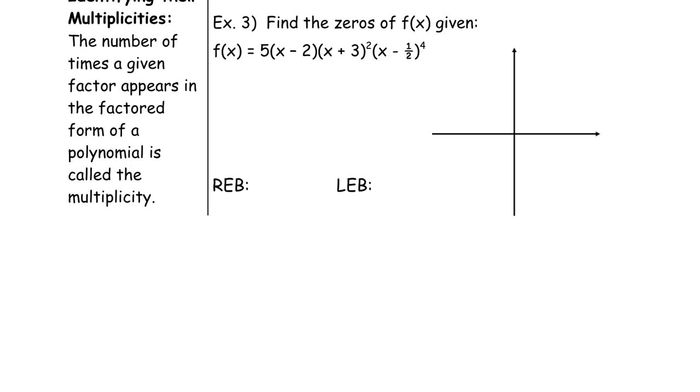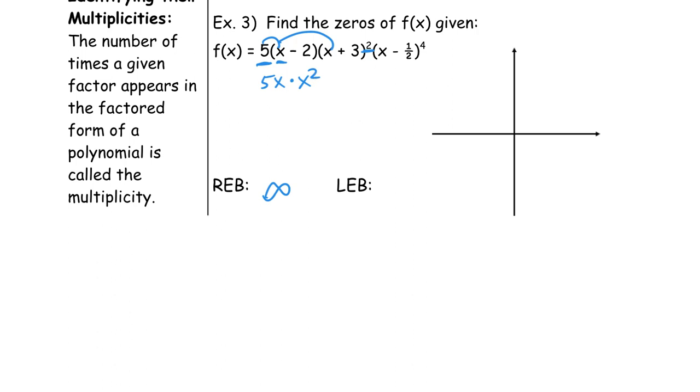Okay, so let's look at this one. My A value is 5. So what's my right end behavior? Okay. Now let's figure out what our degree is. This one right here would be 5 times x, and then we'd multiply times another x. And then, oh, and by the way, this one is x squared. Do you agree?